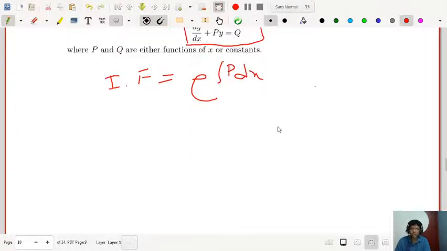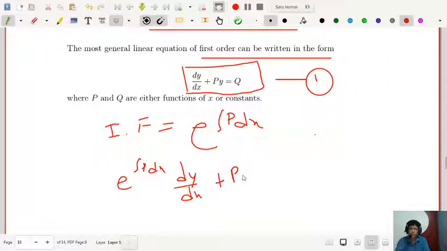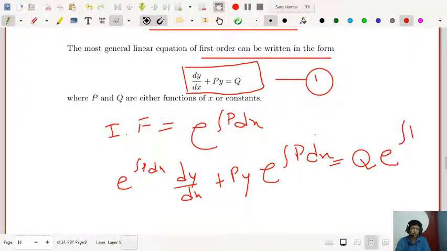So with this integrating factor you have to multiply this equation. If you multiply this equation with this integrating factor, you have e to the power integration p dx times dy/dx plus py e to the power integration p dx equal to q e to the power integration p dx, right?